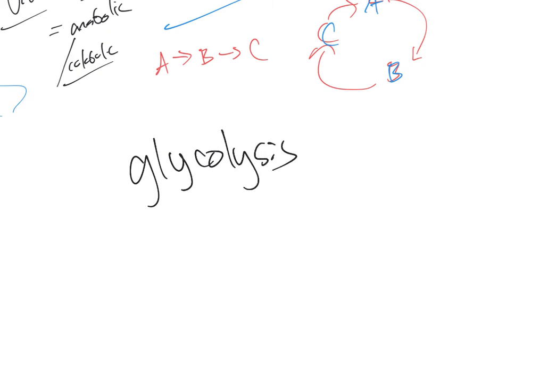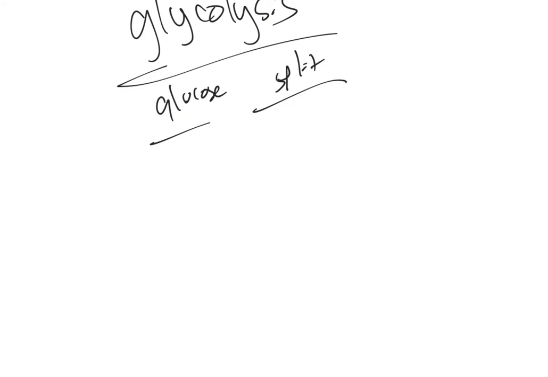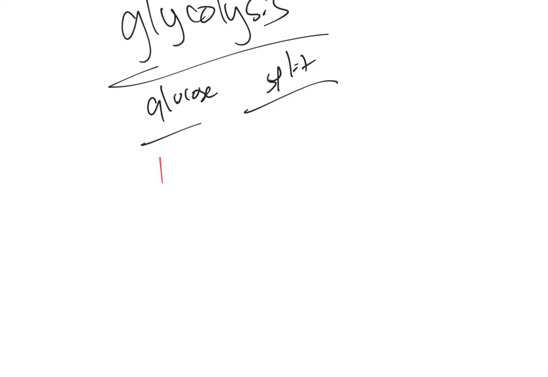Glycolysis. This is glucose, and lysis means split. So glycolysis splits sugar. You start with 1 glucose. There are 10 steps.